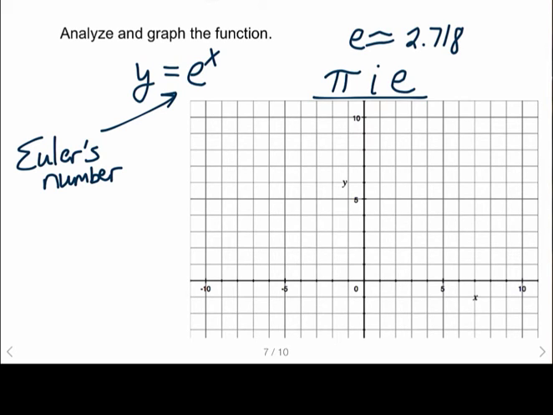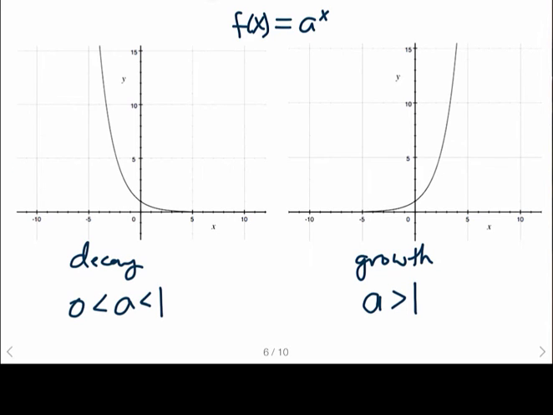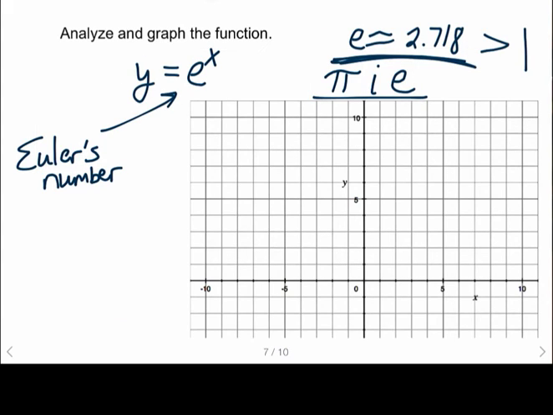What you really need to concern yourself with at the moment is that e, being 2.718, is bigger than 1. Flashing back to our previous screen, that means this graph would have exponential growth properties.